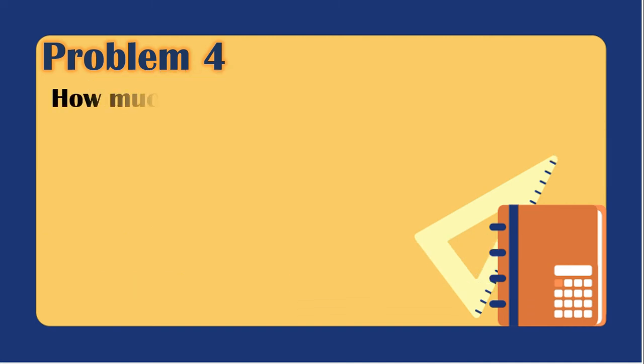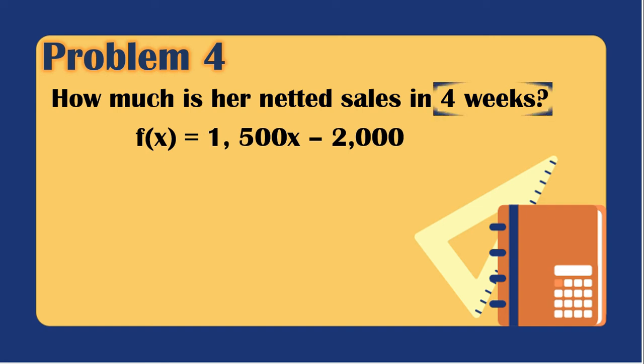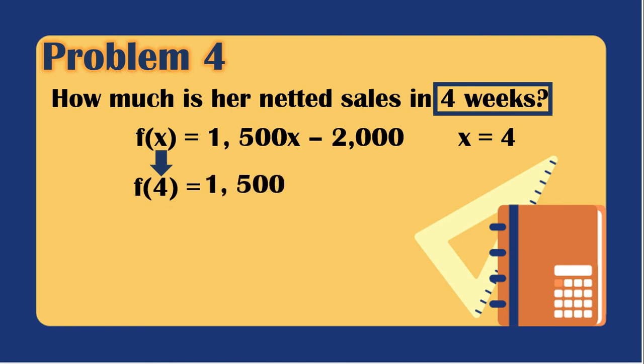So the question is, how much is her netted sales in 4 weeks? So we need to use the linear function f of x is equals to 1,500x minus 2,000. Our x here is 4 weeks. So we need to change all the x, make them 4. F of x will become f of 4. And then copy 1,500.